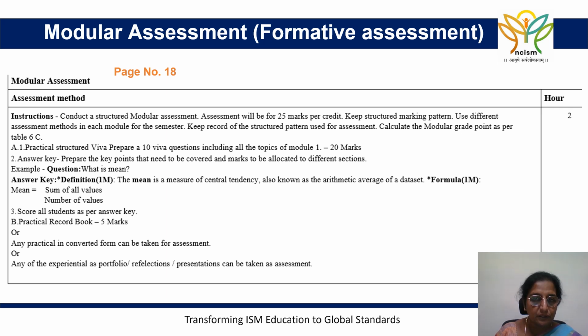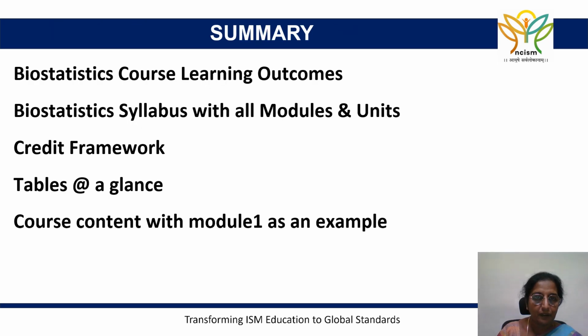Assessment will be for 25 marks. Keep a structured marking pattern. Use different methods in each module for the semester. Keep a record of the structured pattern used for assessment. Calculate MGP as per Table 6C. So this also will be discussed in detail in the forthcoming video.